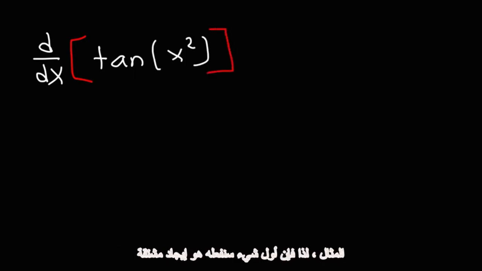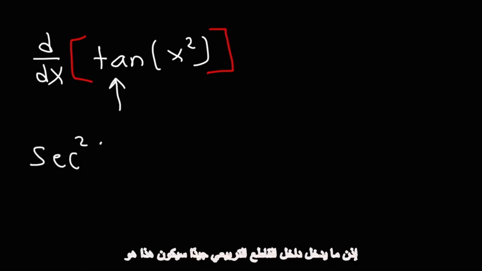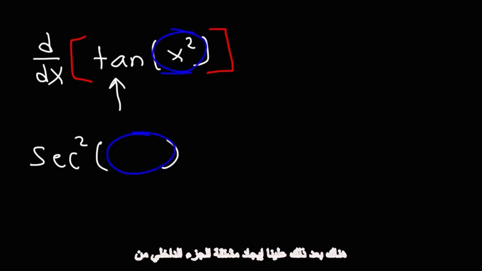So the first thing that we're going to do is find the derivative of the outer function, that is of tangent. The derivative of tangent is secant squared. So what goes inside secant squared? Well, this is going to be the angle of tangent. So whatever is inside of here, we're going to put it there.